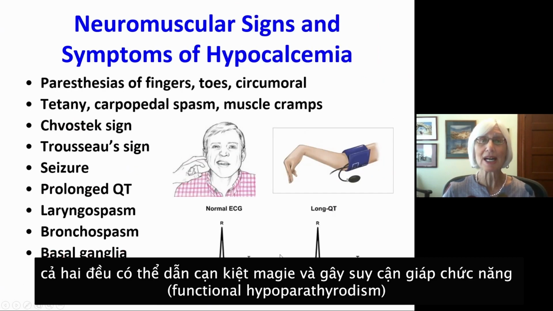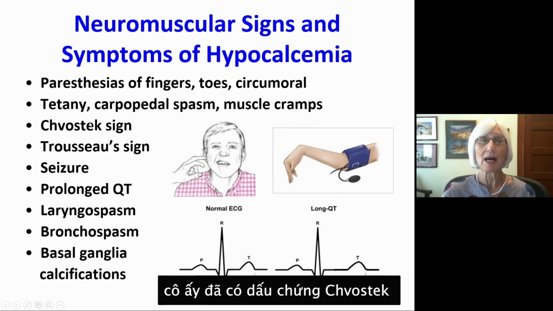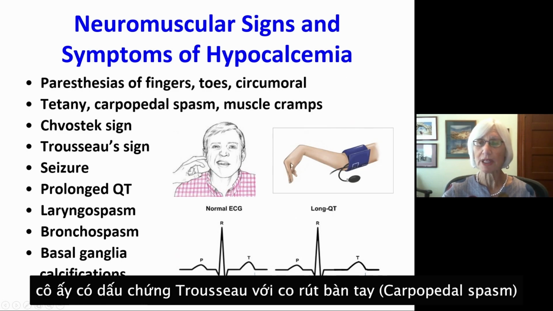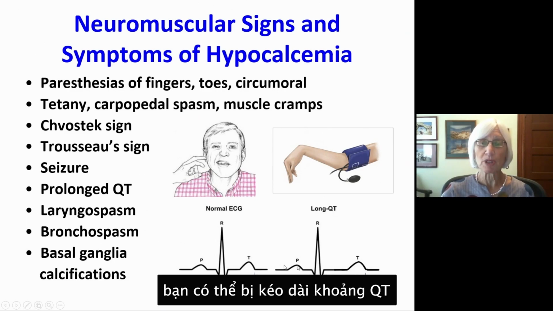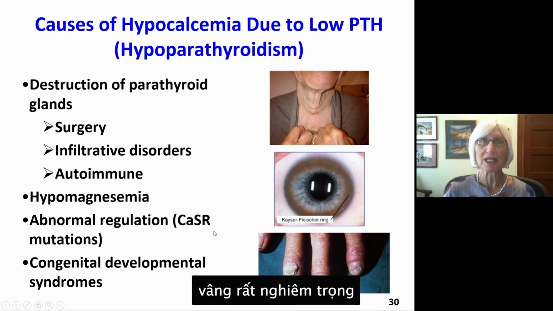And just to review these symptoms of hypocalcemia, she had Chvostek sign, she had Trousseau sign with the carpal spasm. You can get prolonged QT interval, as well as severe laryngospasm, bronchospasm, and death. So very serious.